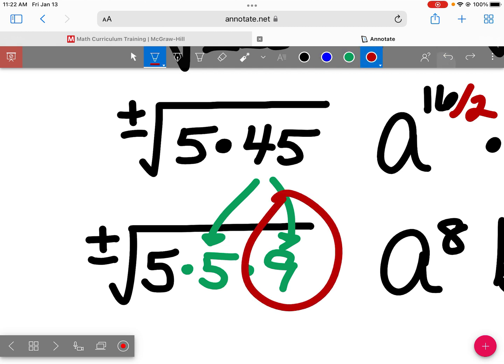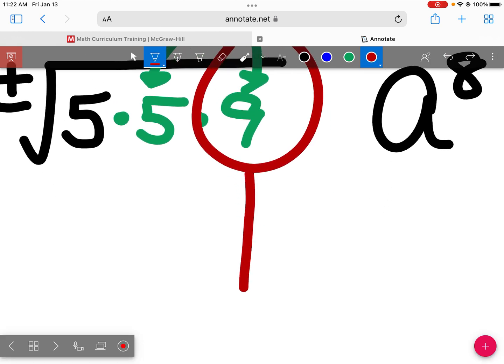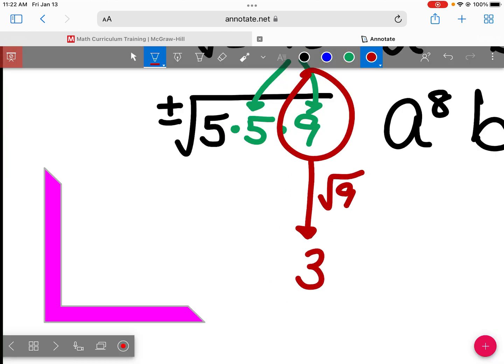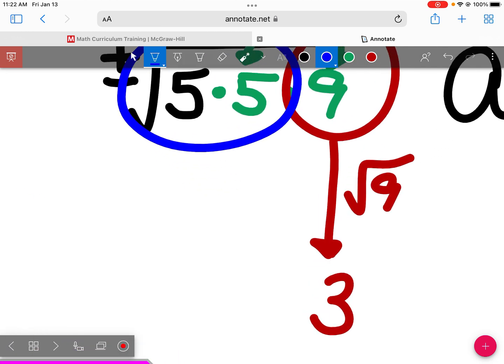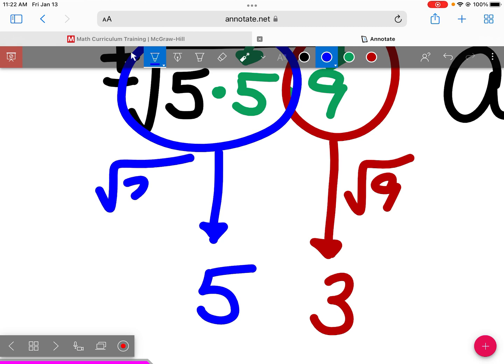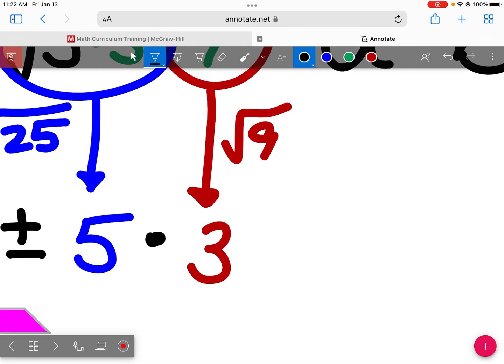What is the square root of 9? Yeah, square root of 9 is 3. What about the square root of 5 times 5? 5 times 5 is what? So that would be the square root of 25, which is 5. We've got our plus and minus out in front. I multiply those two together.